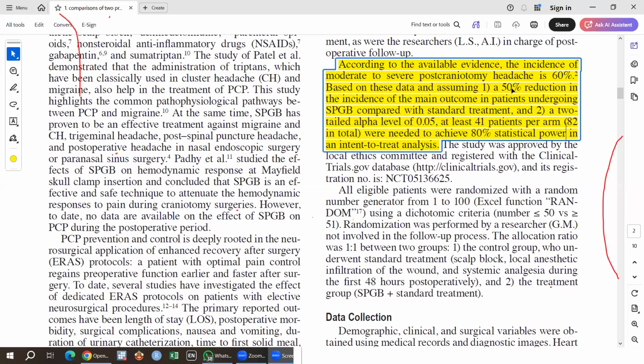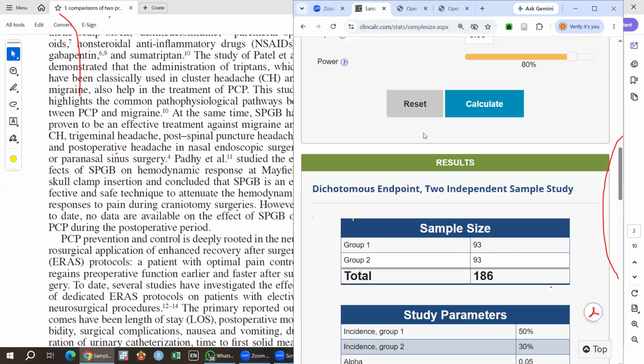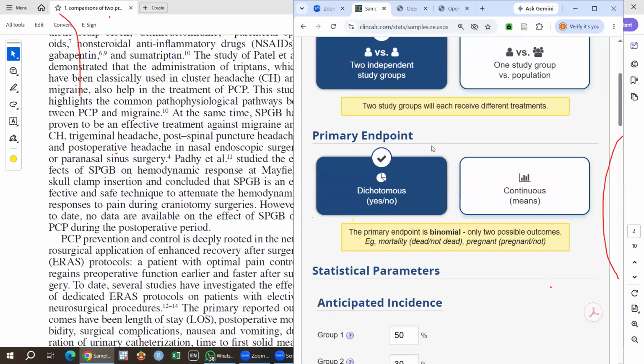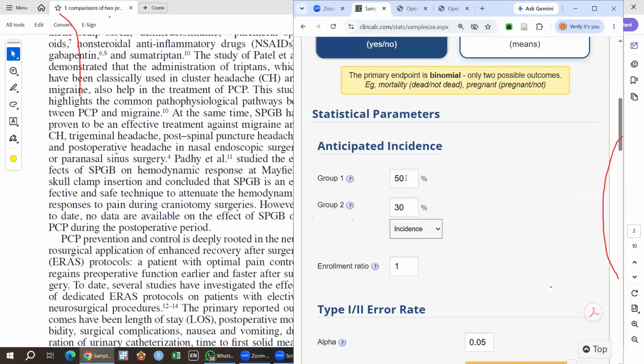But they have written here a 50% reduction in the incidence of the main outcome. So we are going to do it with Open API, your ClinCalc, no issue. So in ClinCalc, for two groups, dichotomous, in group 1 what will be the incidence? It is 60%, there is no problem.